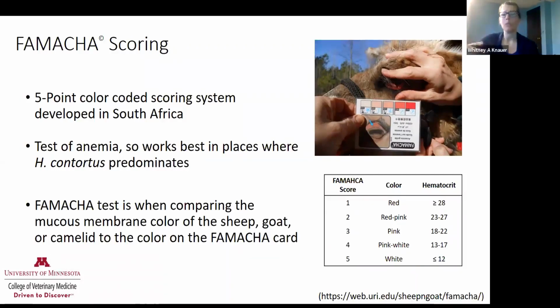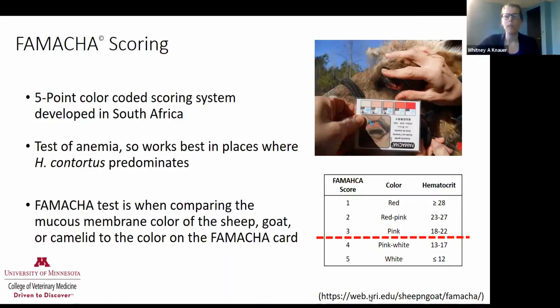Then what we do is we look at a bunch of animals and we say, okay, what is the color of the card as it relates to the color of the eye? Is she red, which would be good, or is she white, which would be quite bad? Typically we have this cutoff between a 3 and a 4. And we can use this information to determine which animals we deworm and which animals we leave alone.